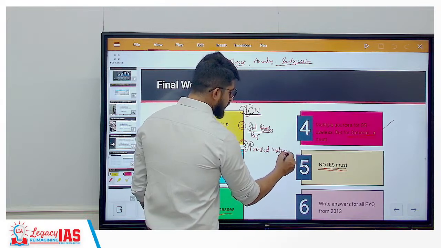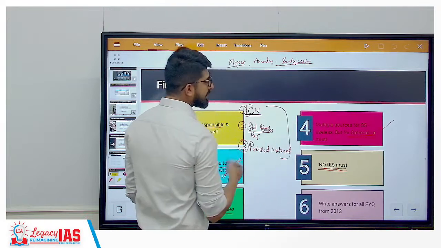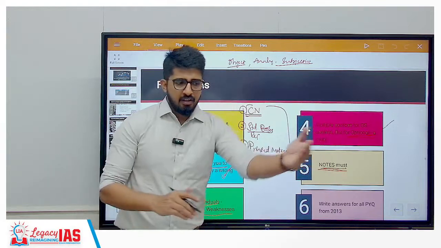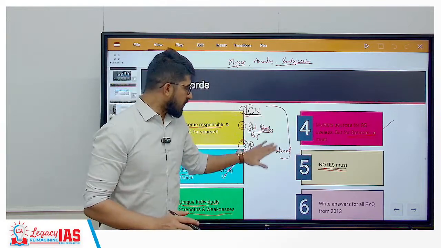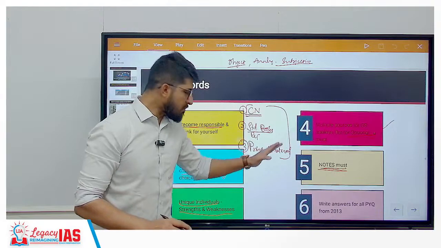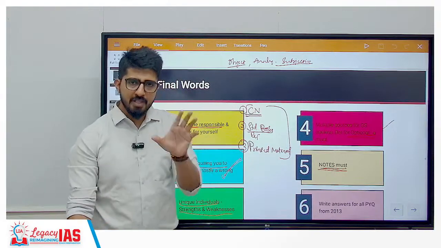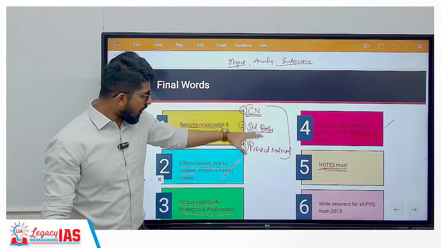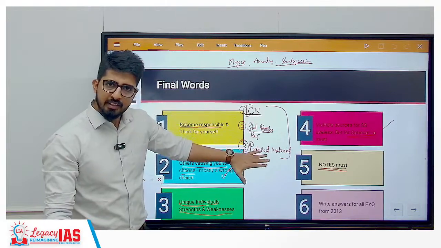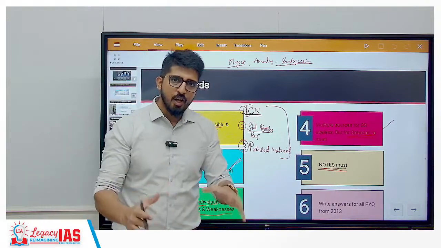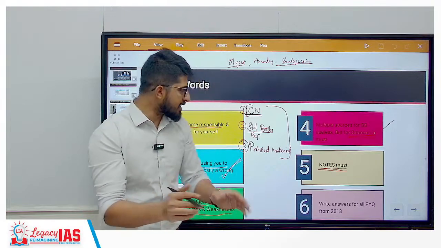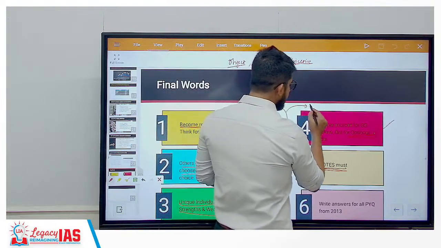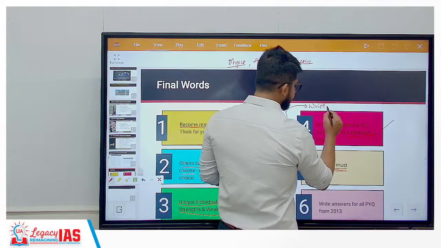What you are supposed to do while making the notes is this. Once this is done, you go home, take that particular topic from the syllabus, search all these 3 sources, get the content, put all the content in your new written notes.